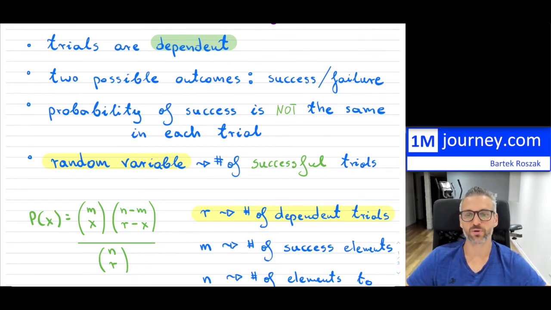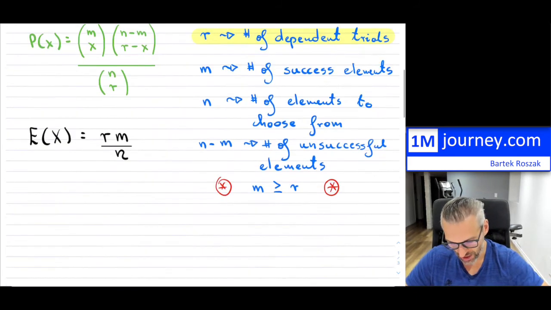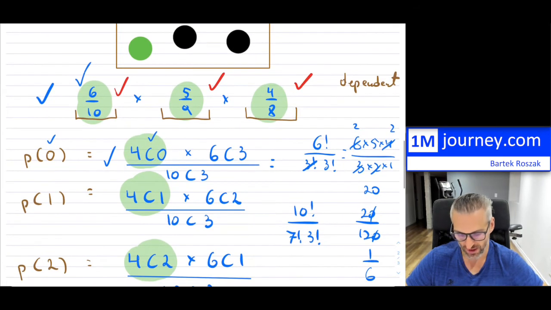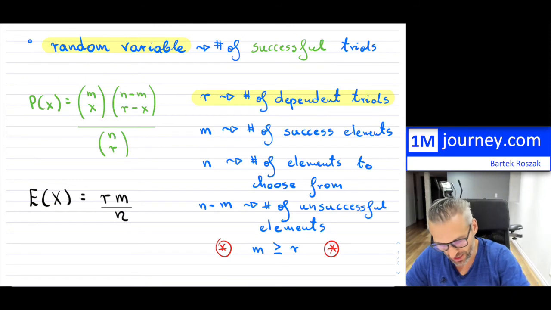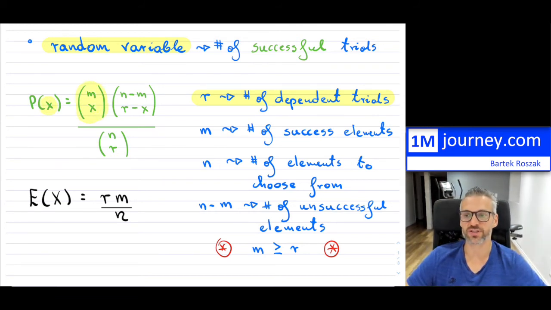The random variable is the number of successful trials in the experiment, so how many green balls did you pick? 0, 1, 2, or 3 would have been the maximum because we only have 3 trials. Next, the probability itself: notice I have labeled here M choose X, where X is the number of successes.